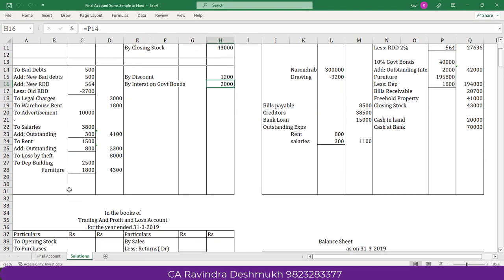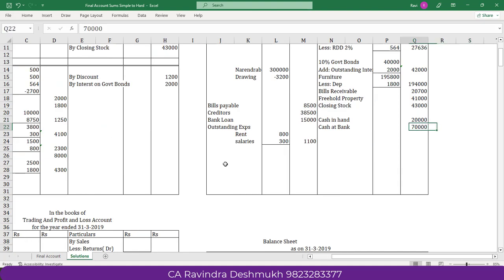And one more hidden adjustment is about advertisement. This hidden adjustment is for 2 years, 10,000, from 1st of Jan 2019. So only for 3 months, the proportionate amount of 3 months comes to 1250. So this belongs to the current year and the remaining amount is prepaid.